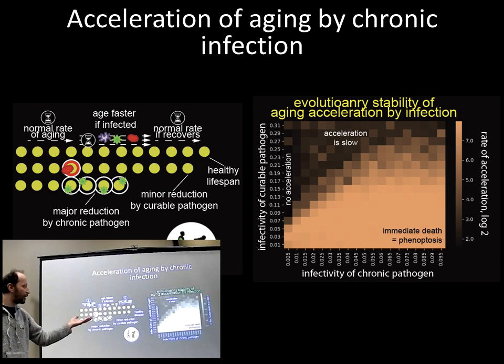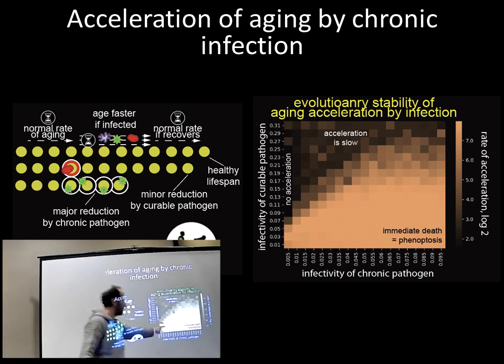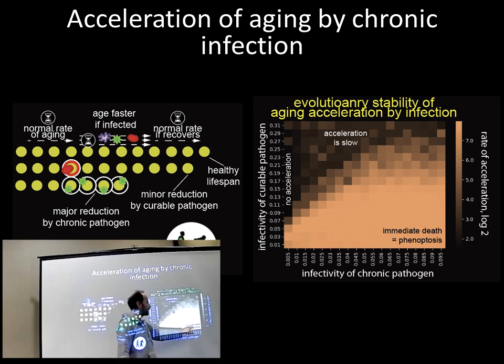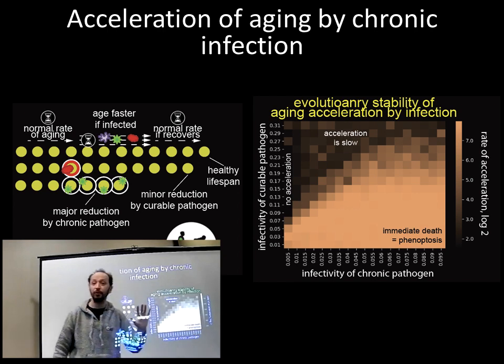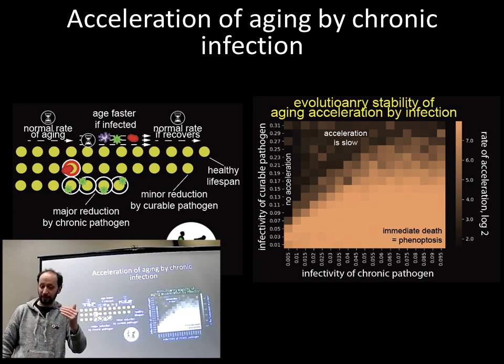We ran the simulation, and indeed, in this corner where the bacteria are residing, every pathogen is chronic. Super fast acceleration is adaptive, so it is equivalent to phenoptosis. In this corner where we are, 2 to 4 times acceleration is fixed.